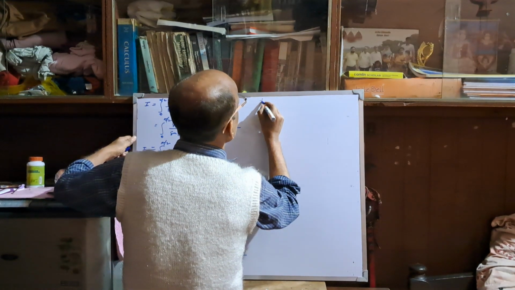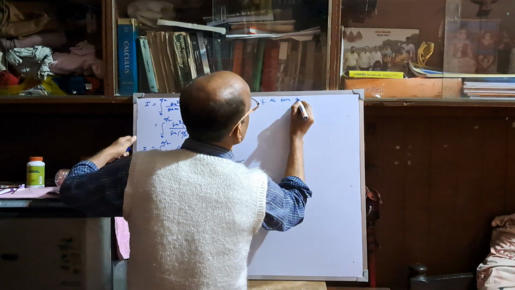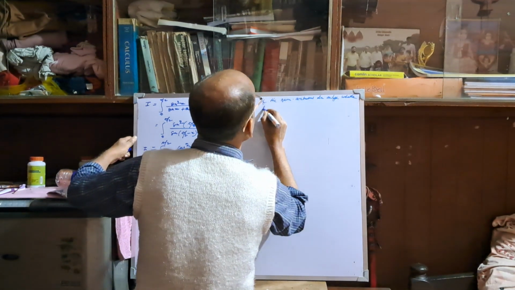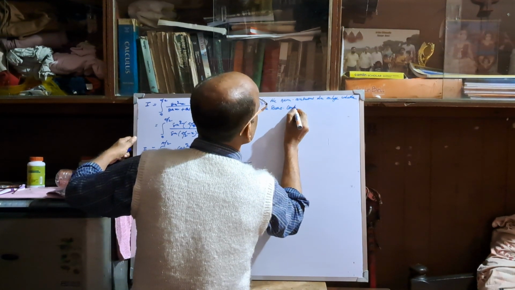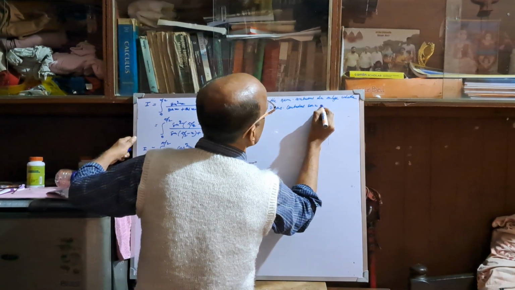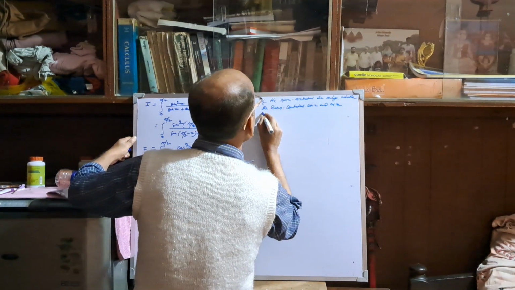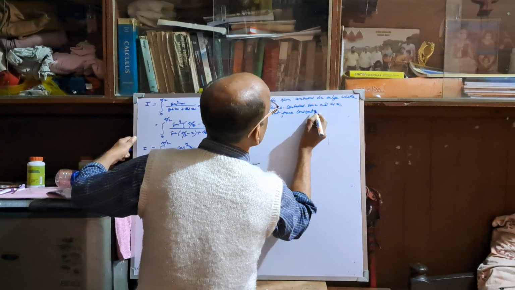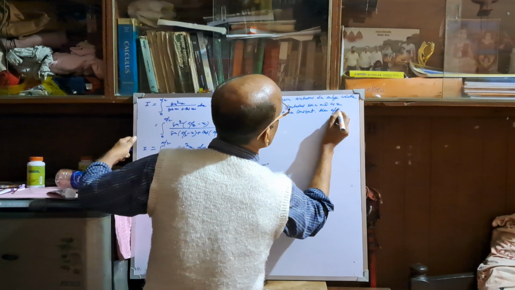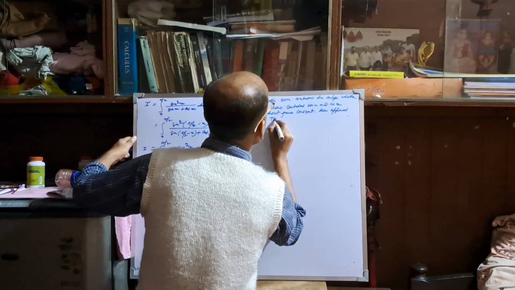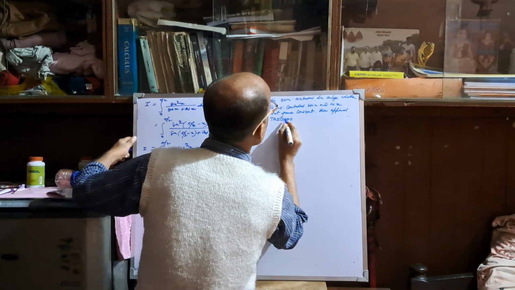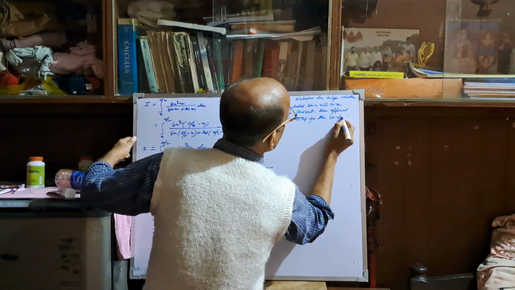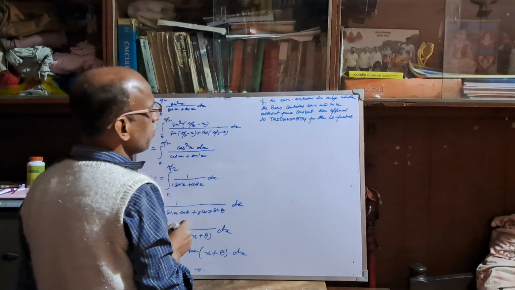I am writing here: if the numerator contains dx only while the denominator contains sin x and cos x, without free constant, then appeal to trigonometry for the cofactors. On that method I have evaluated the indefinite integral here.